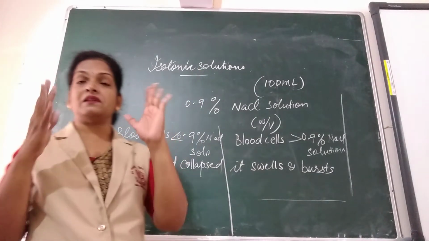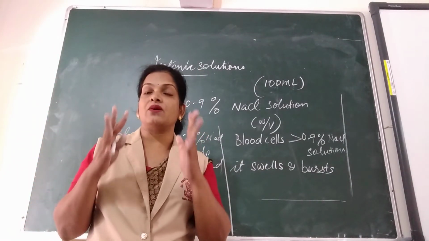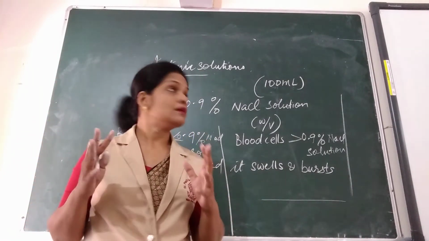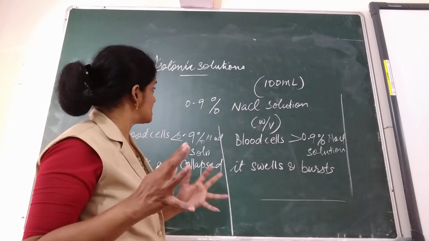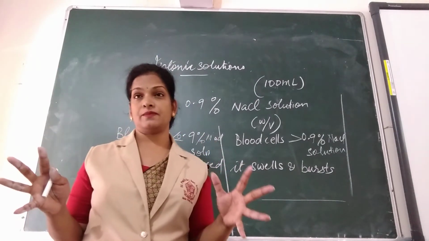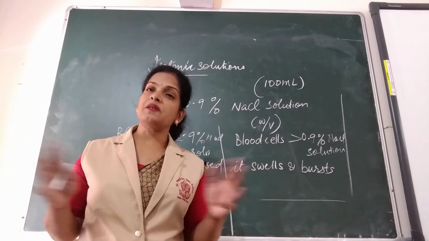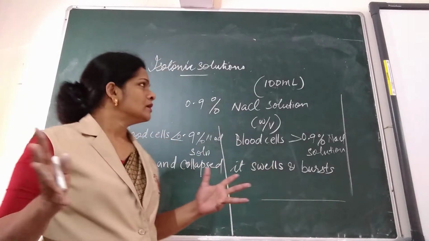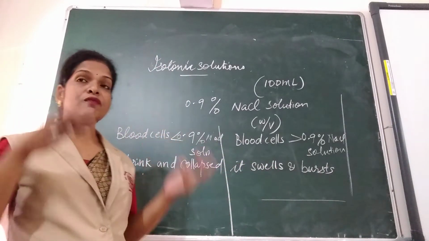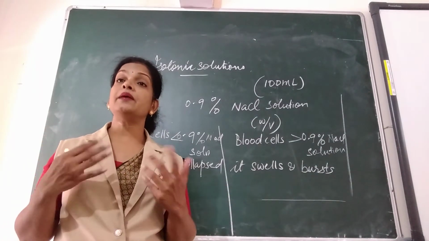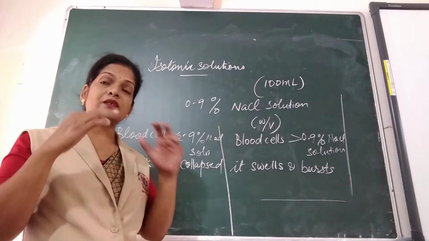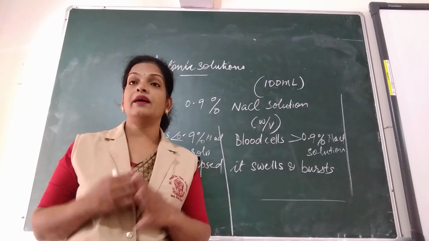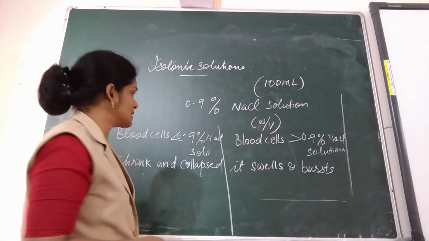Isotonic solutions are the solutions having the same concentration, or the same osmotic pressure. Same osmotic pressure means same concentration. A solution of lower concentration is called a hypotonic solution, and a solution of higher concentration is called a hypertonic solution.